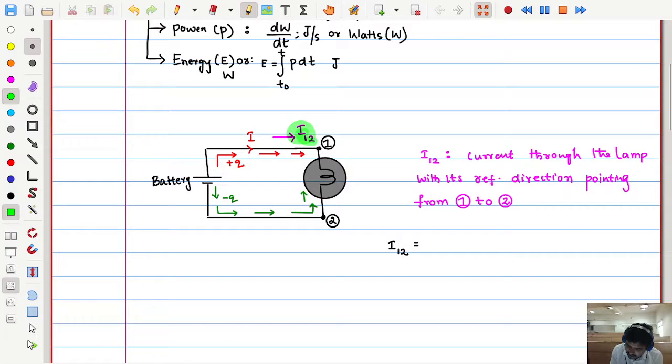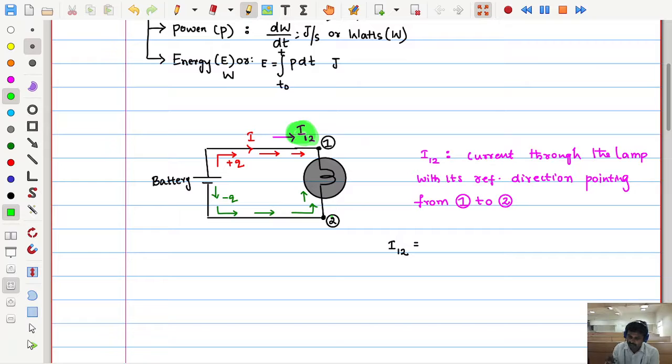But in the circuit we don't know how much current is passing, but that can be determined through some ammeter or some measuring instrument. So assume that inside these conductors some current is flowing in this direction as red color. That is not usually visible. In a simple realistic circuit, this current I is not visible directly to the bare eye. So what I am considering is that some current might be passing through this lamp in the direction of 1 to 2.